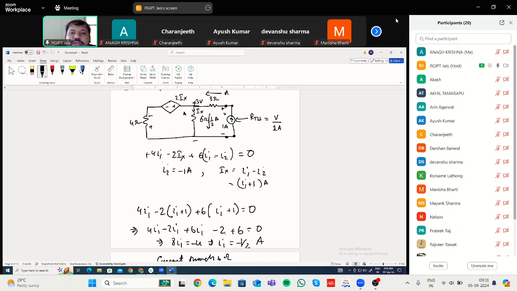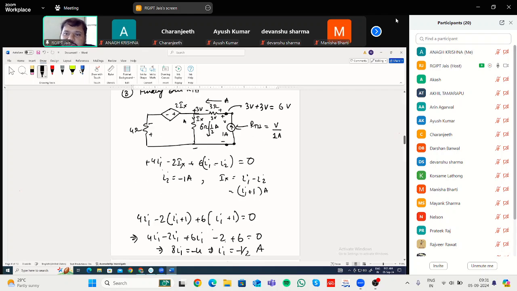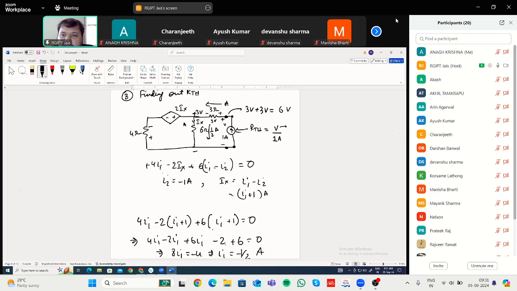The resistance is 3, current is 1 ampere, so 3 volt will be the voltage drop. This 3 volt and this 3 volt will be added up to get the value of V. So 3 volt plus 3 volt is 6 volt. The voltage V you are getting is 6 volt. So RTH will be equal to 6 divided by 1, that is 6 ohm.